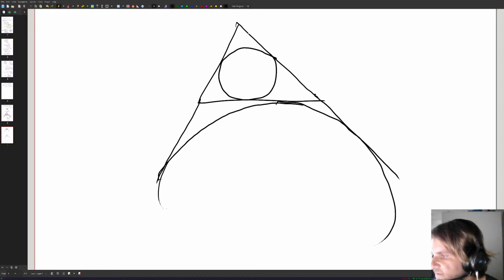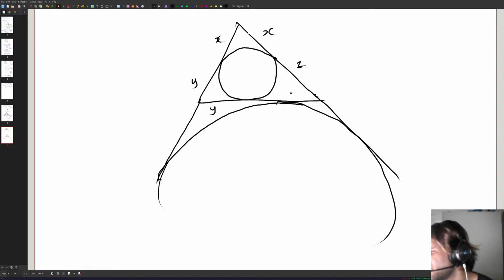Let's take these points of tangency. Let's call these x and x, y, y. Oh no, they're not similar. Never mind. Oh, no, no, no, they are.